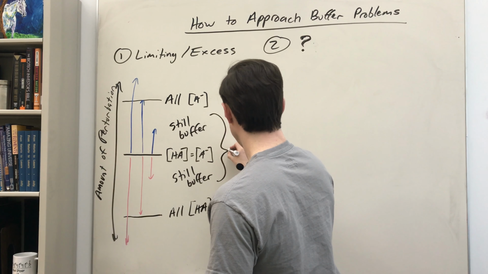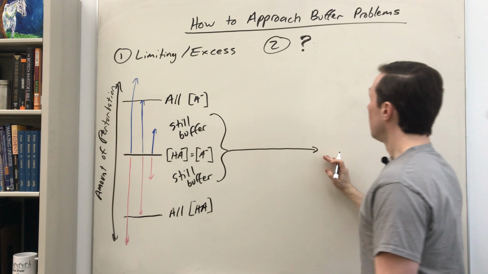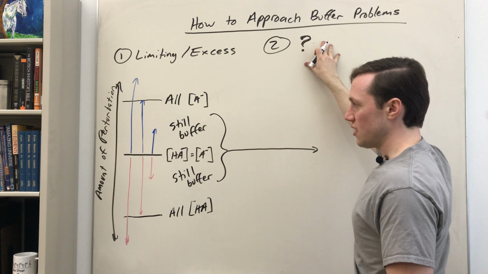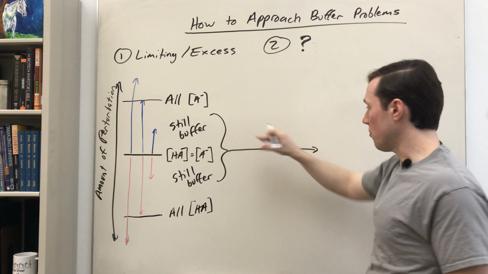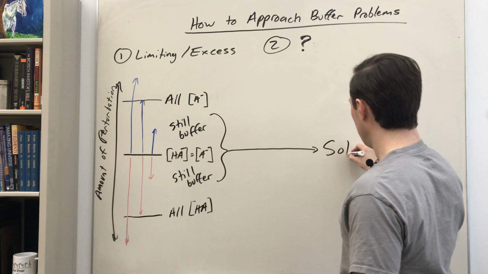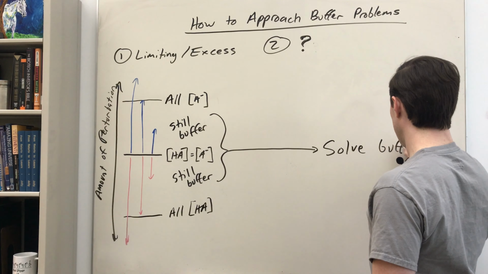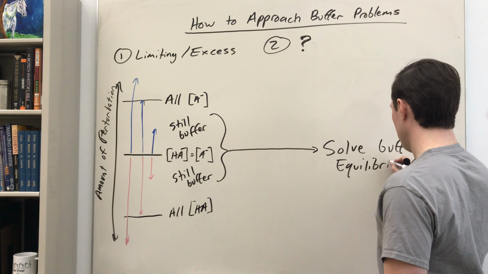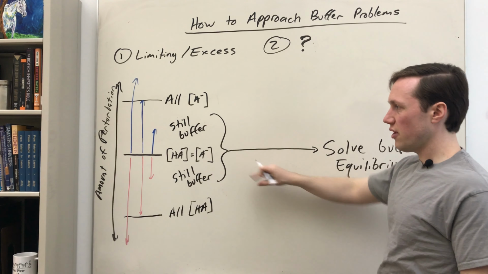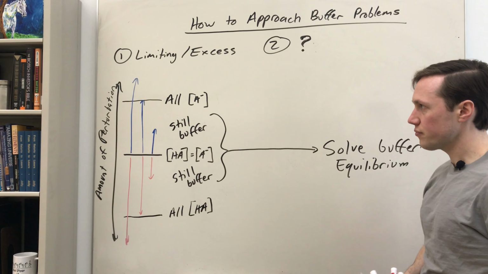So the second step that we'll want to take, if this amount that we added is relatively small, will be to solve as a buffer equilibrium problem.